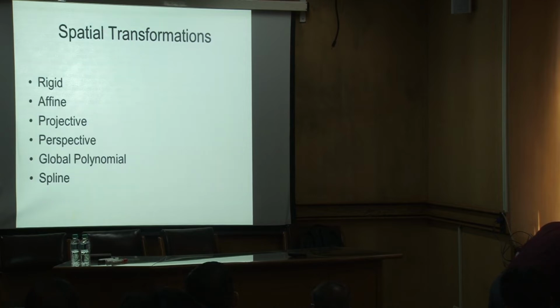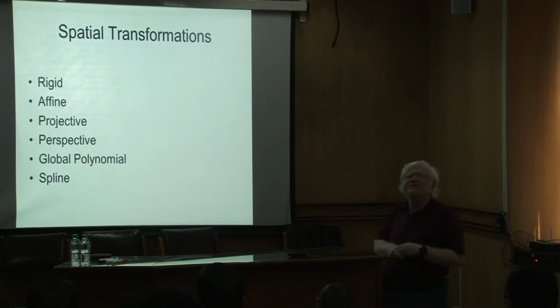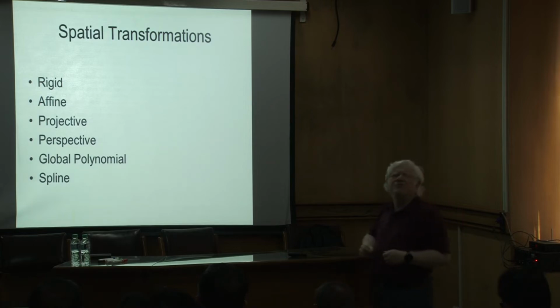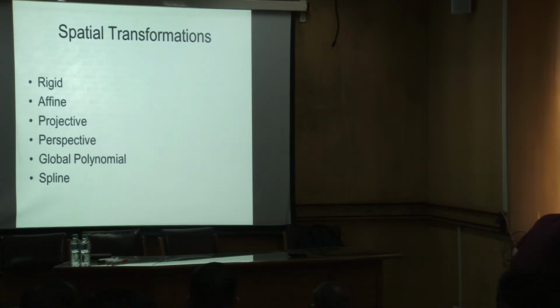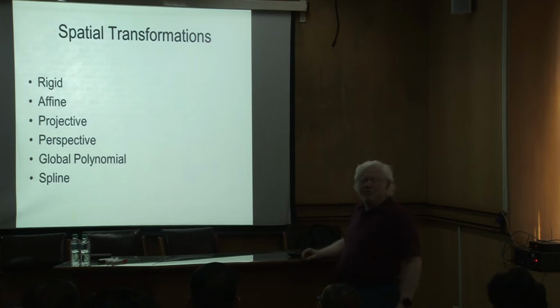Okay, right. So, there is a hierarchy of these spatial transformations, starting from the rigid to the affine and the projective and the perspective and the global polynomial and the spline. Essentially, if I tell you what each of these is, you will be able to appreciate how the problem of registration can progress from the extremely simple to the reasonably complicated.